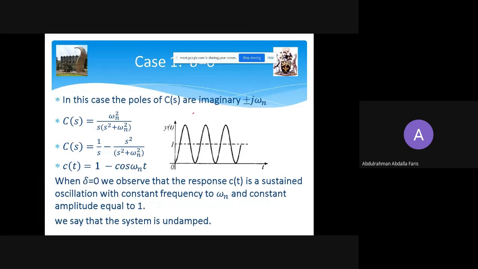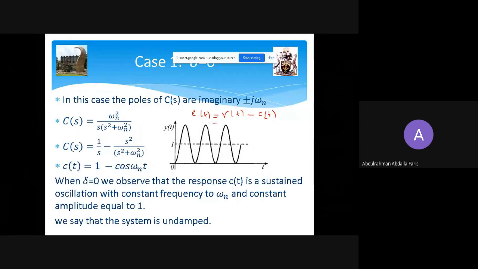So we know error is R(t) minus C(t), input minus output.